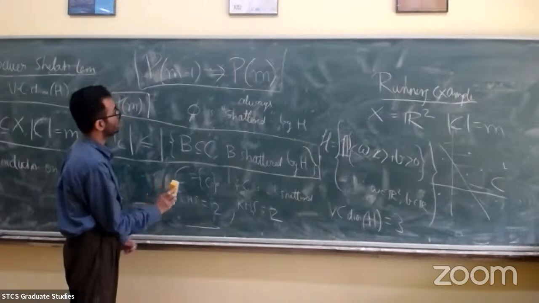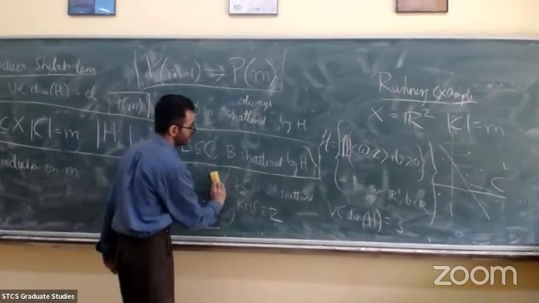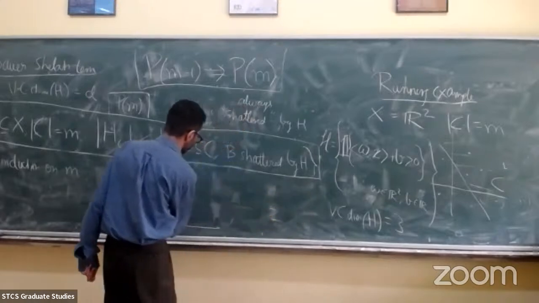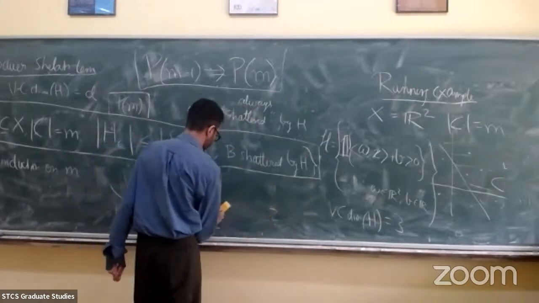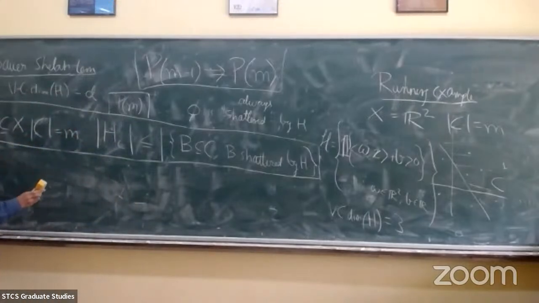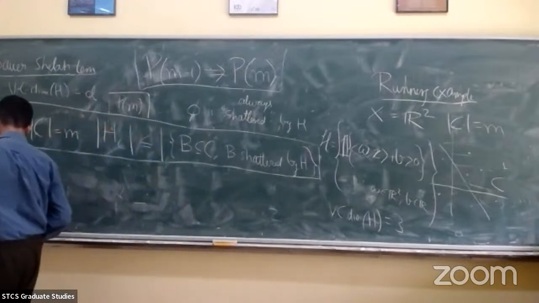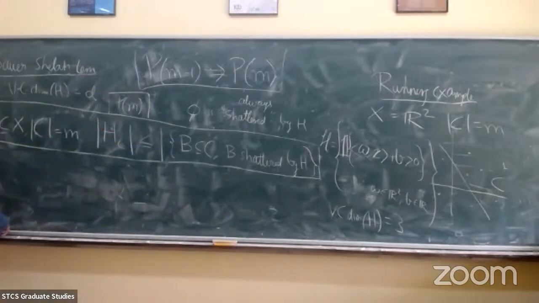Okay, so now the thing is to prove that P of m minus 1 implies P of m. Great. So how do you do that?